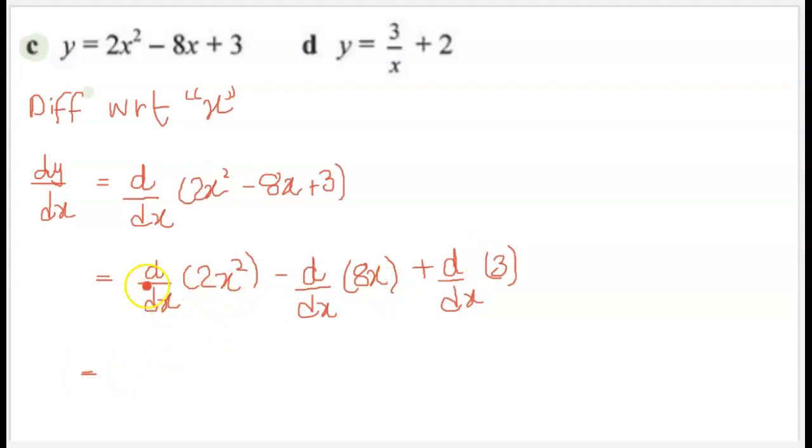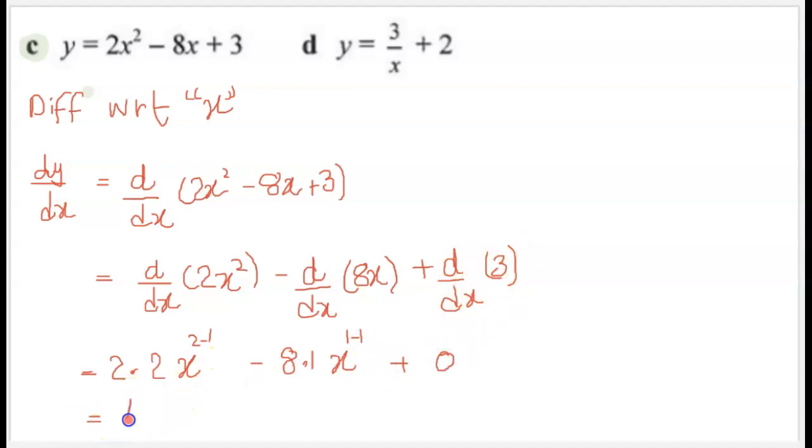The way we differentiate this: the 2, which is a constant, stays, the power, which is 2, comes out, and we reduce the power by 1, so 2 minus 1. Here, the 8 comes out, and the power of this x is actually 1, so 1 comes out and we reduce the power of x by 1: 1 minus 1, which is x to the power 0. The derivative of a constant term, which is 3, is 0.